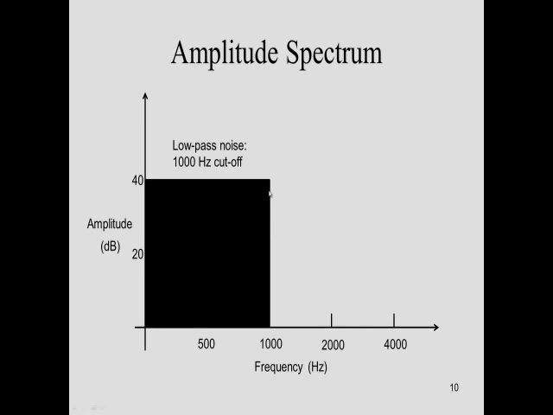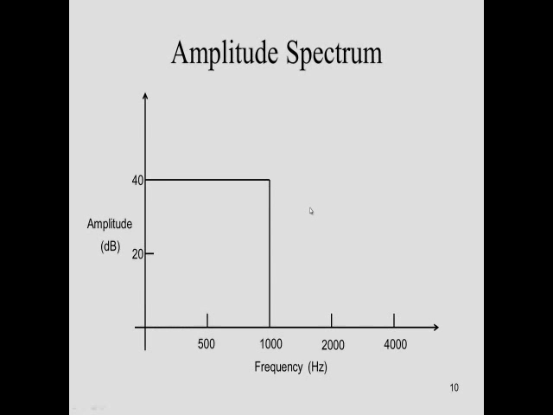And because we have a top frequency of about 1,000 hertz, we recognize that all of these other frequencies are being passed. So this would be a diagram of a low-pass noise with a 1,000 hertz cutoff. You could also just eliminate that colored in area, and that would show you basically the same thing.